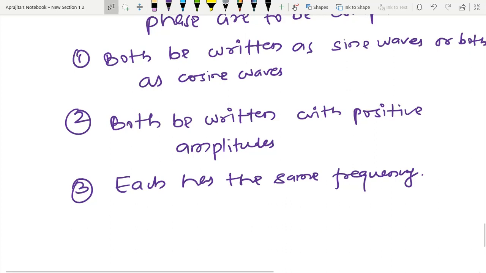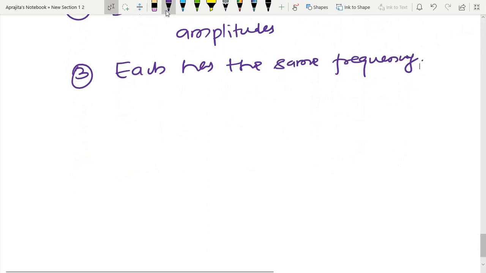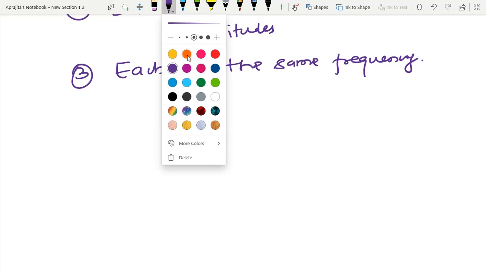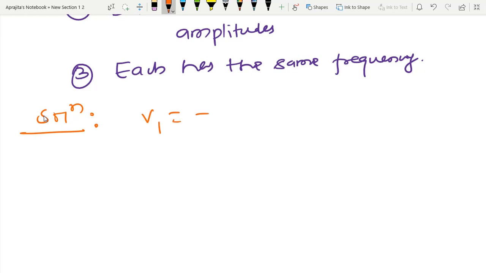Okay, let us now come to the solution part. I can write V1 as minus 10 cos(omega t plus 50 degree).